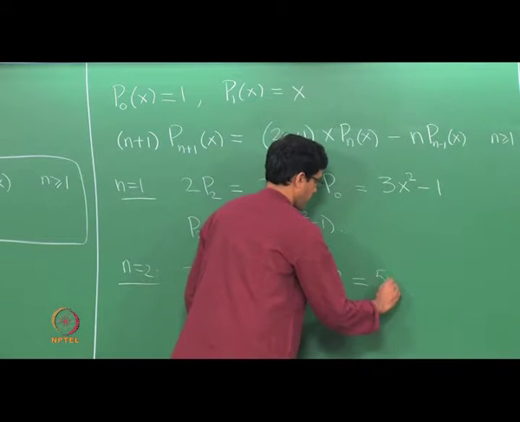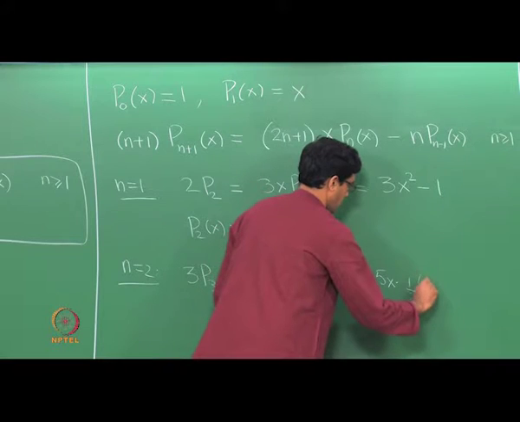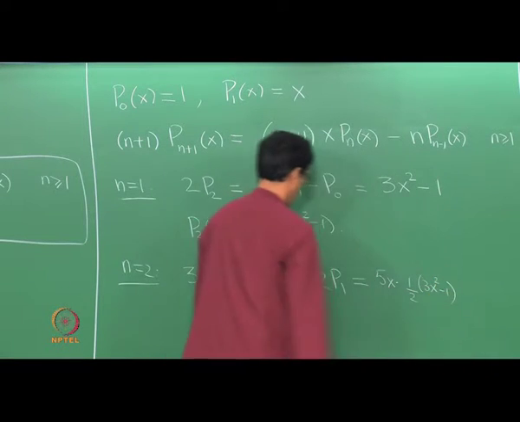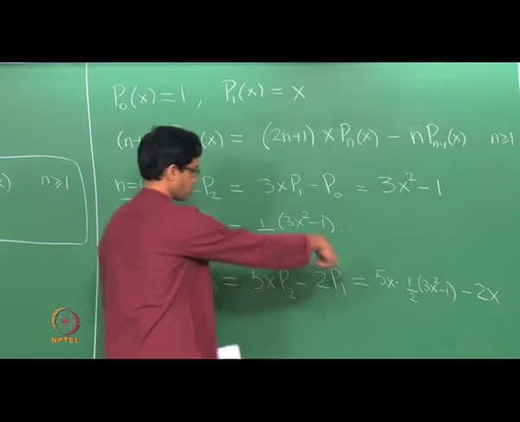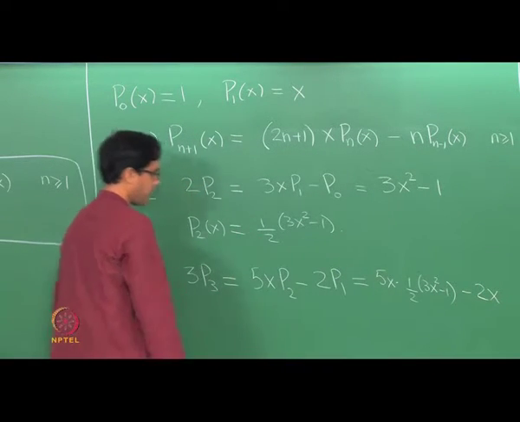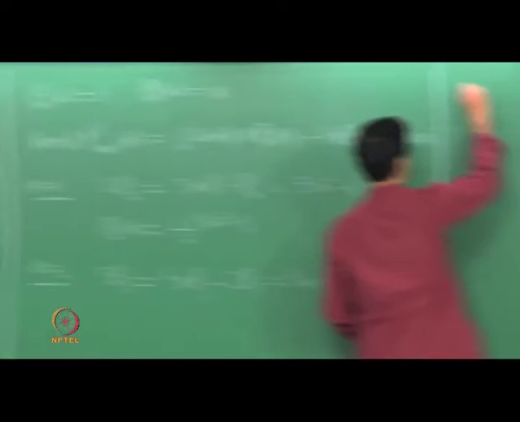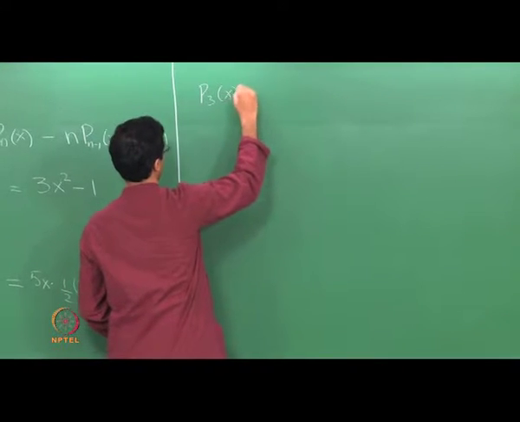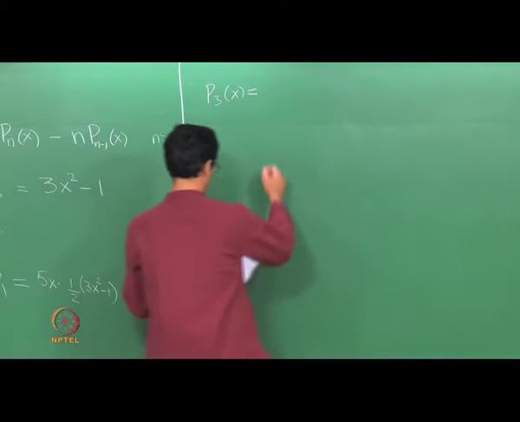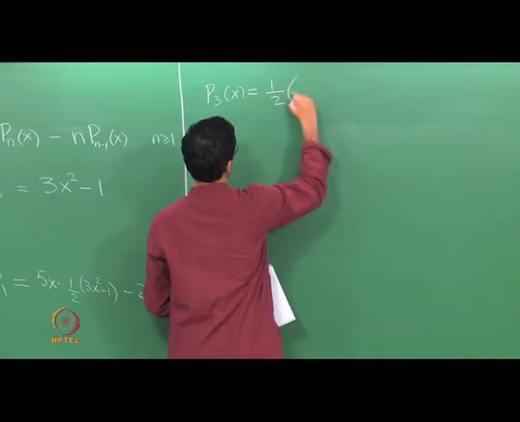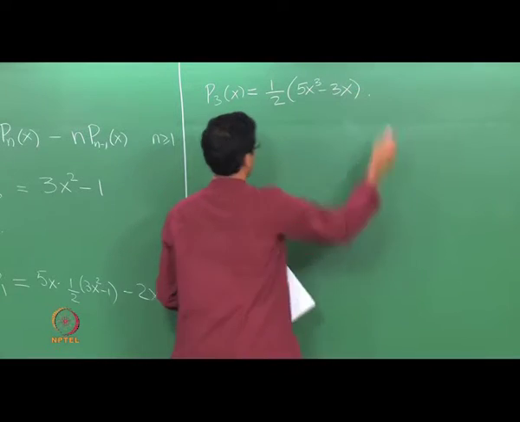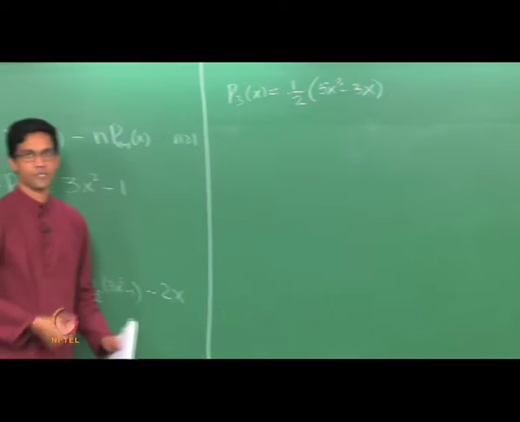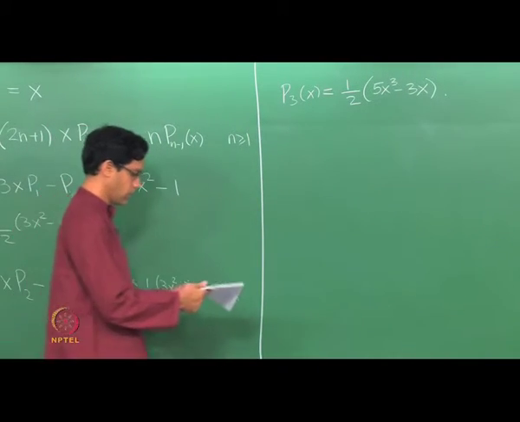So, this is 5x times half of 3x squared minus 1, and P1 is of course x, so it is minus 2x. One needs to simplify this a little bit and divide by 3 to conclude that P3 of x is just half of 5x cubed minus 3x. You will need to do some simplification to see that this is in fact true, and so on.